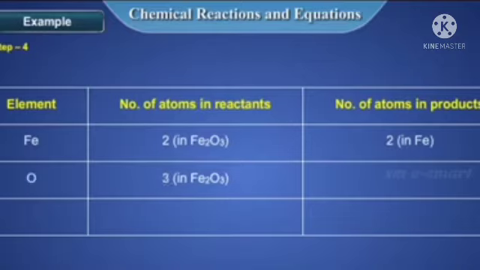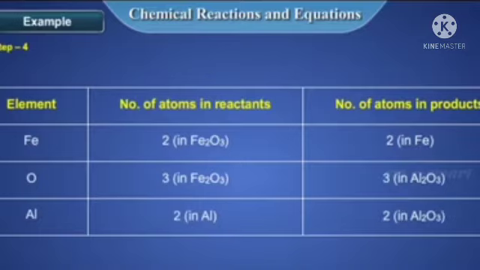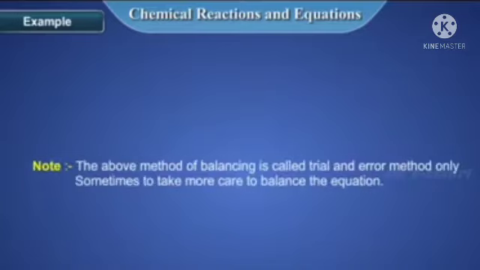Oxygen: 3 in reactants, 3 in products. Aluminium: 2 in reactants, 2 in products. The above method of balancing is called the trial and error method. Sometimes we need to take more care to balance the equation.